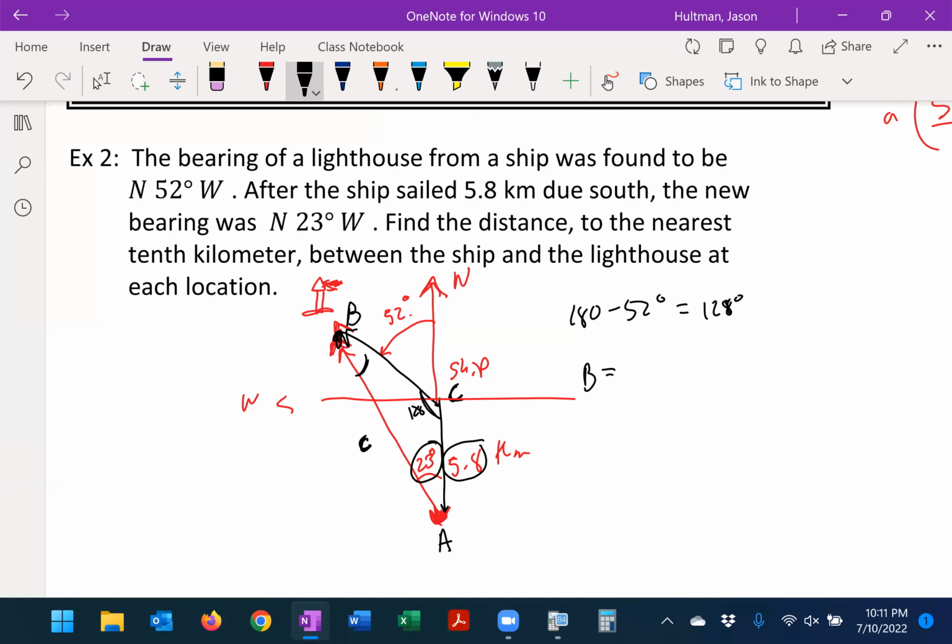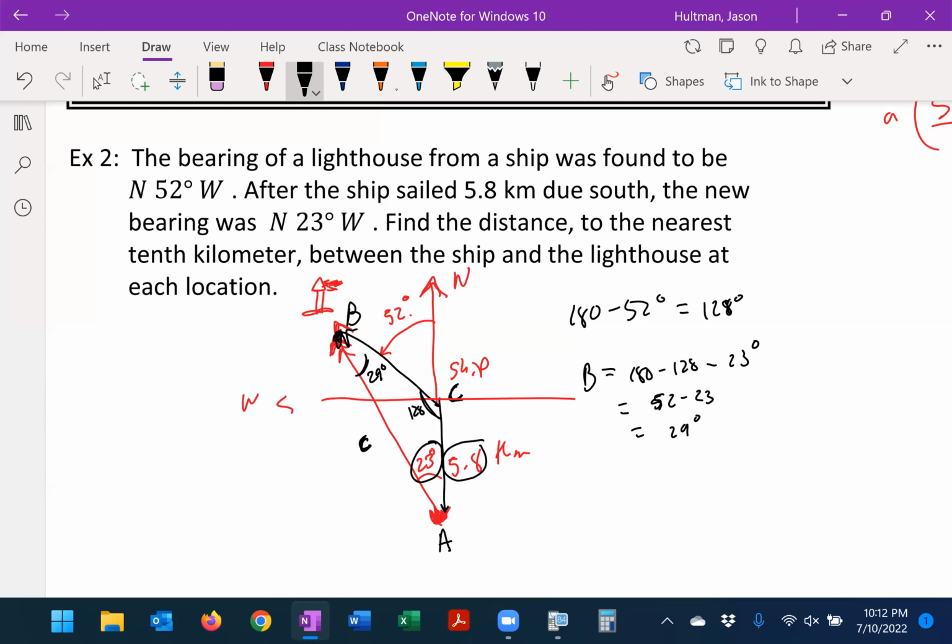And 23, so angle B is going to be 180 minus 128 minus 23 degrees. So angle B is going to be equal to 52 minus 23 degrees, which is equal to 29 degrees. So this is 29 degrees there.